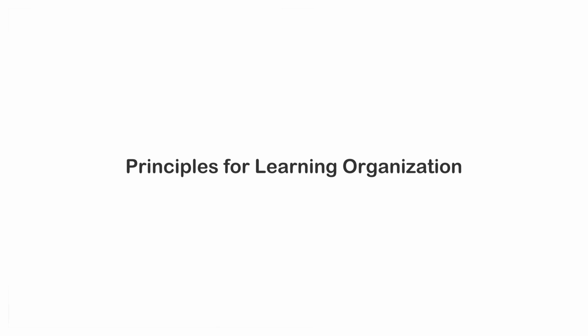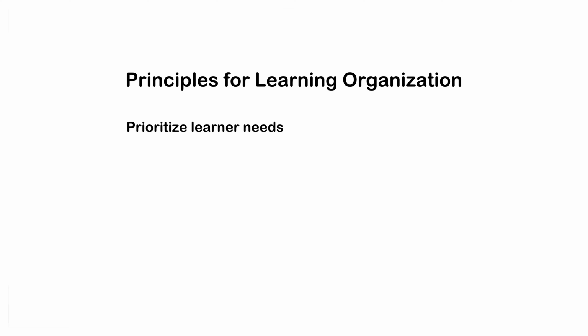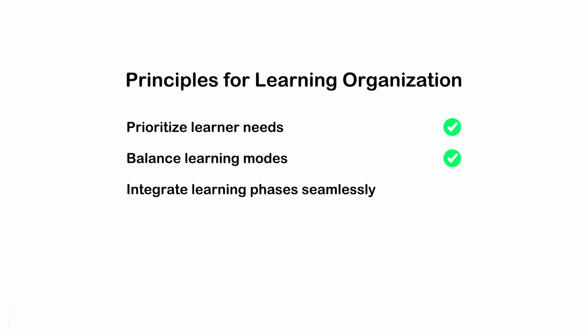The design follows 5 key principles for effective learning organization. Prioritize learner needs. Focus on flexibility and accessibility. Balance learning modes. Mix synchronous and asynchronous, on-site, and online learning. Integrate phases seamlessly.